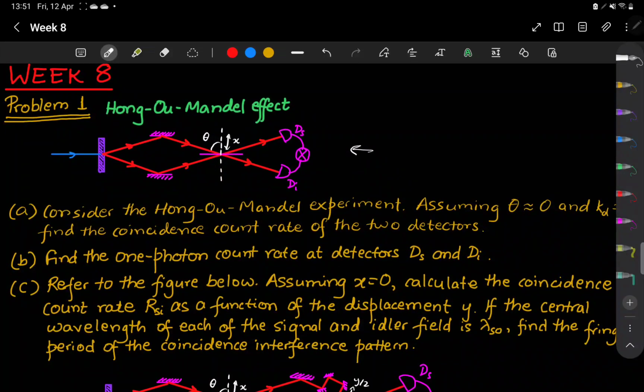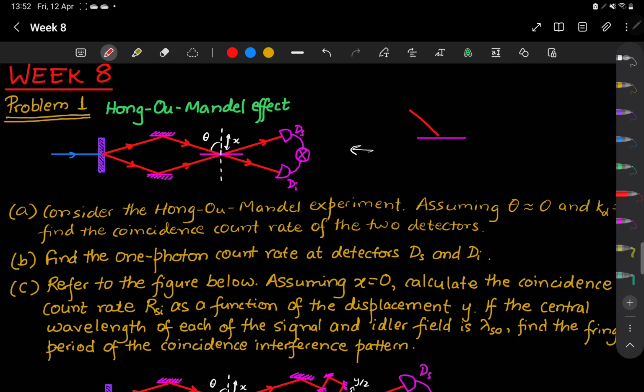and how this is coming is, let me draw it over here. So if this is the beam splitter, this is the beam splitter in balance position, and let me consider then.